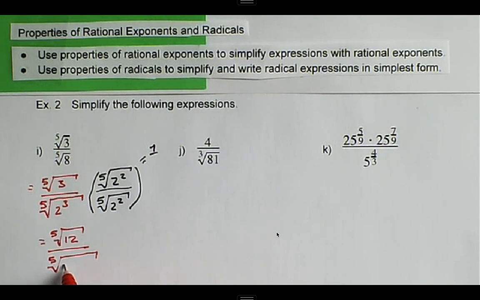So that is 2 to the fifth, because if we have the same base, we can just add the exponents. And then we have the fifth root and the power of 5, so those cancel. And so our solution is the fifth root of 12 over 2, and that is in the simplest form.